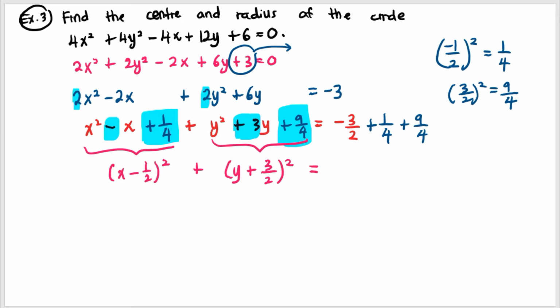On the right you have negative 3 over 2 plus 1 over 4 plus 9 over 4, therefore you get a positive 1. So 1 is the radius squared, and 1 is equal to 1 squared. So now we already got the center of the circle, which is (half, negative 3 over 2), and its radius is 1. So we are done with this one. It's quite tricky because it involves fractions for the center.